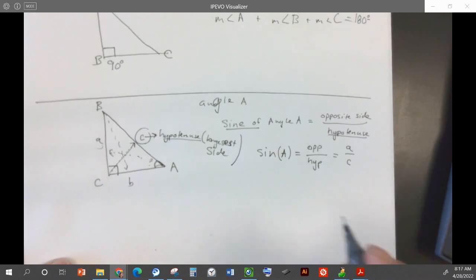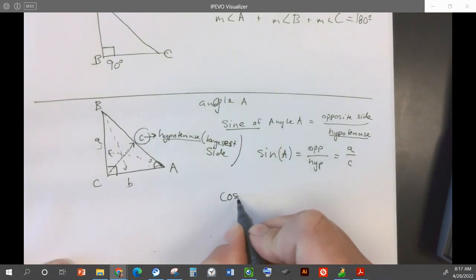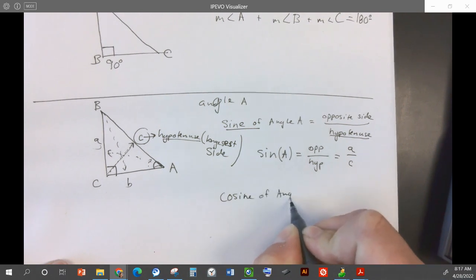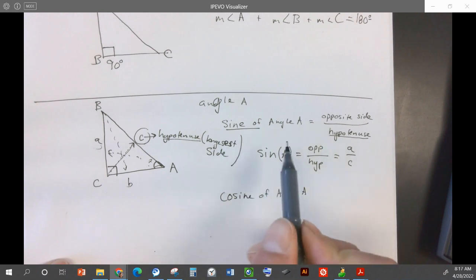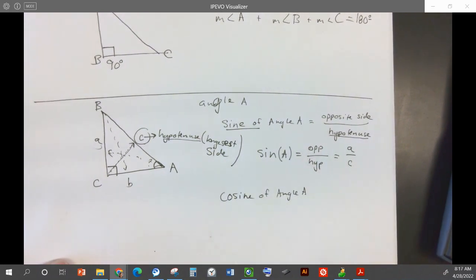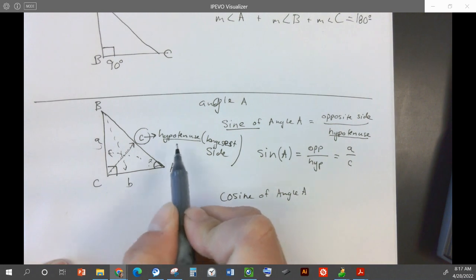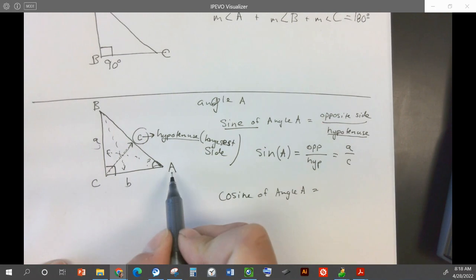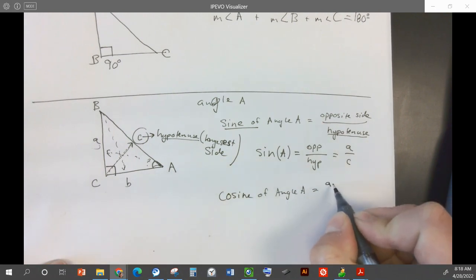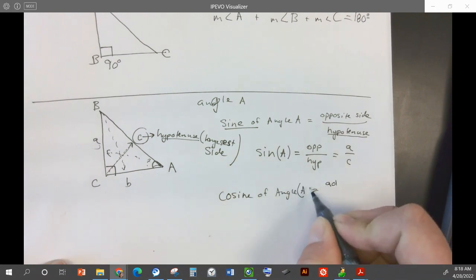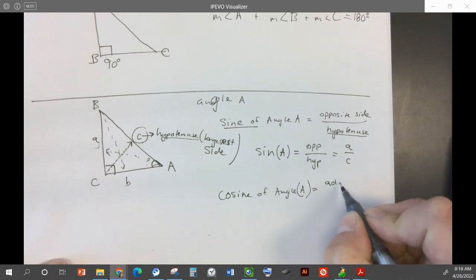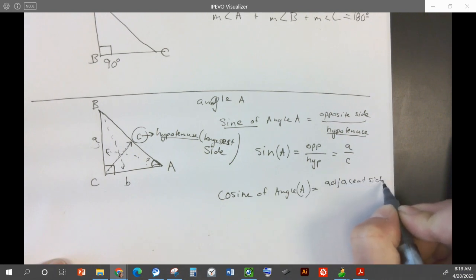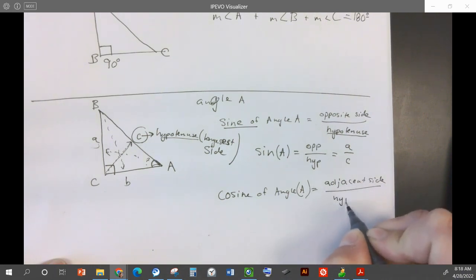The next one we need to talk about is cosine. We could also find the sine or cosine of B, but to keep it simple we're just going to look at angle A right now. The cosine of angle A is proportional to the adjacent side over the hypotenuse.